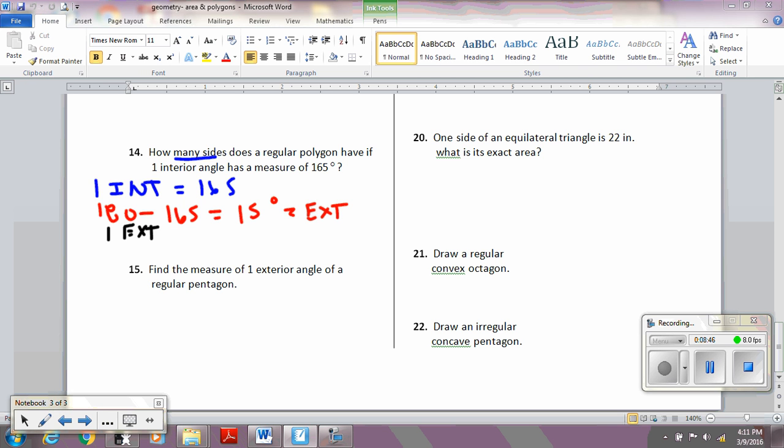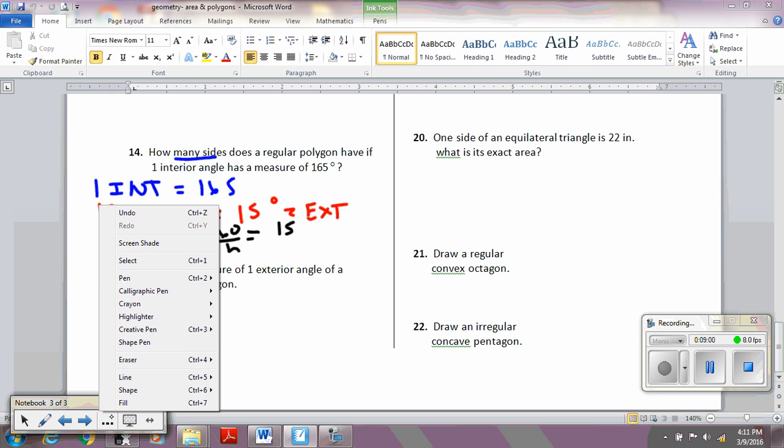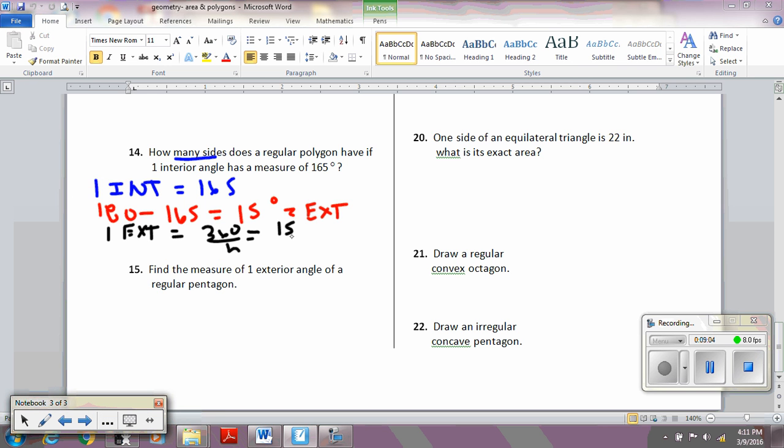So the one exterior angle formula says that it's 360 divided by n. We know what the exterior angle is. We know it's 15. So we can put 15 over 1 and it's equal to 360 over n. And we can cross multiply. In the process, you would get 15n is equal to 360.